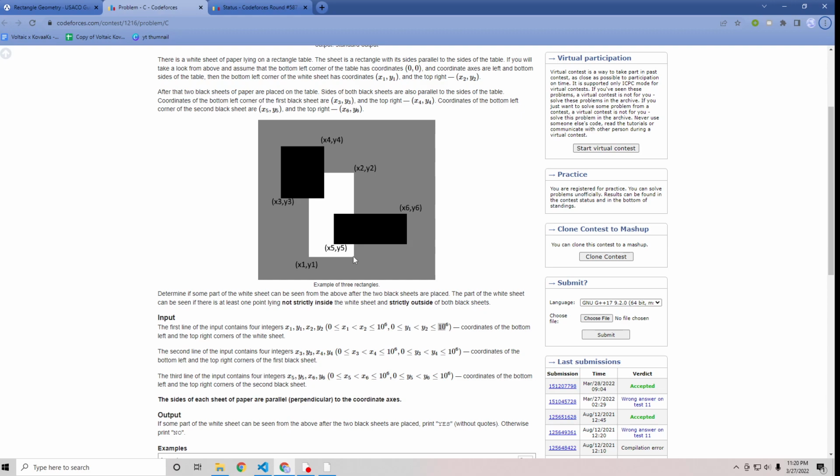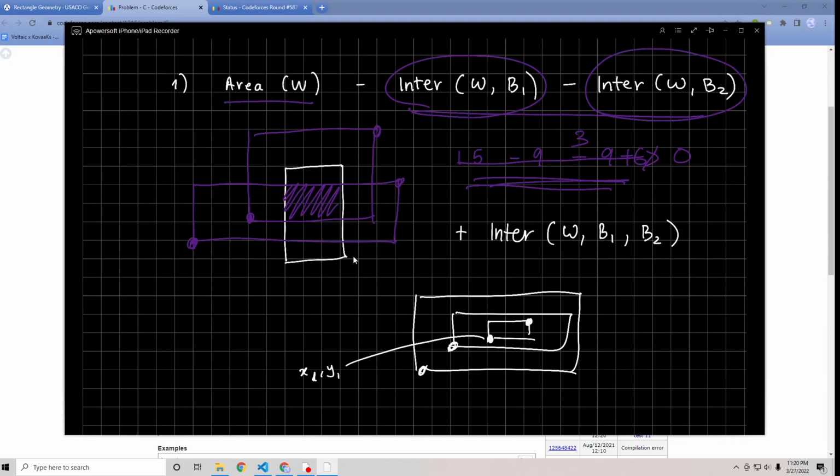But there's also one more case that we need to take into account, which is this. If there is an overlap of all three rectangles as shown here, then we also need to add the intersection of the area between the white rectangle and both black rectangles. Why is that? Because this area is counted twice.